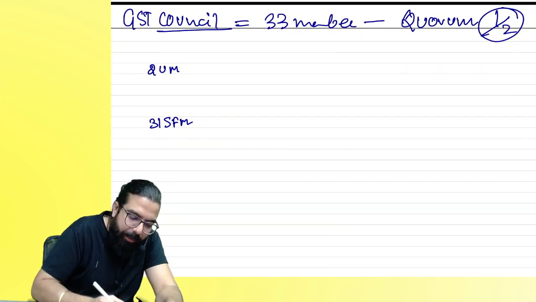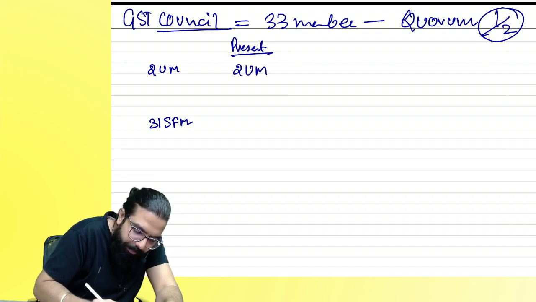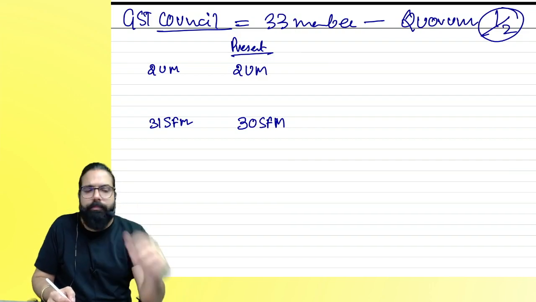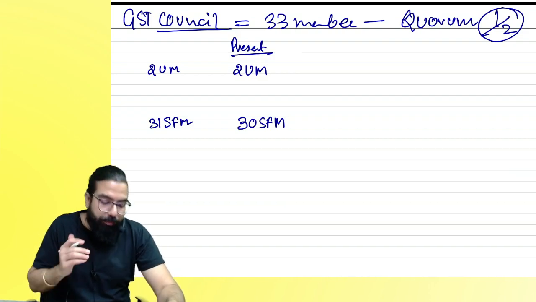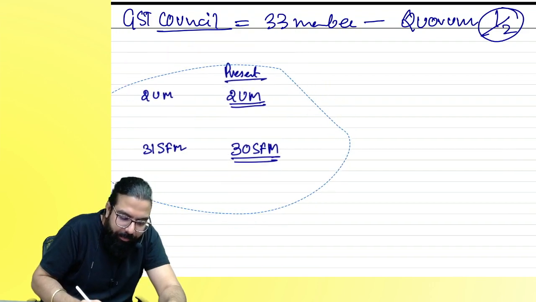Everyone listen. Supposing on that day, only 2 union ministers came and 30 state finance ministers came. Can the meeting be done? Everyone over here now. How many members? 2 union members are present and 30 state finance ministers are present.